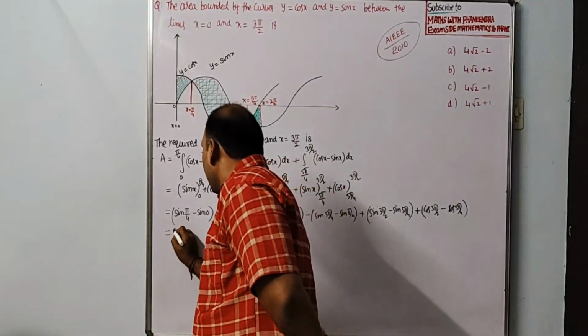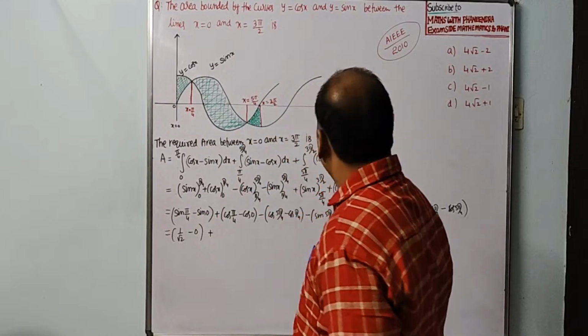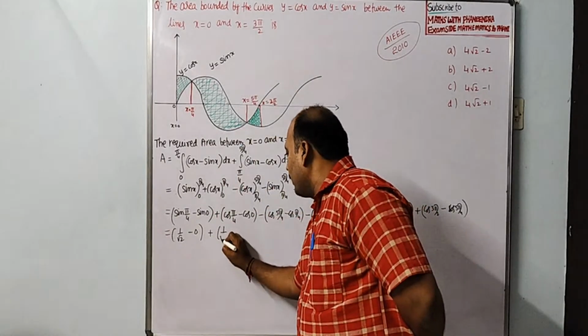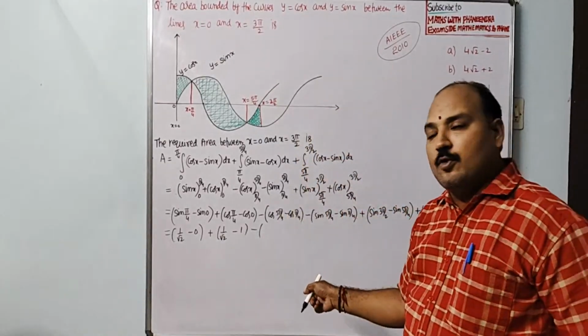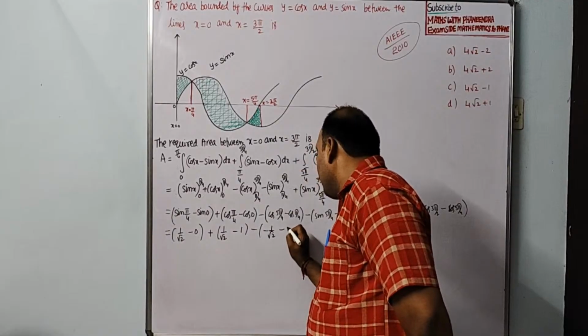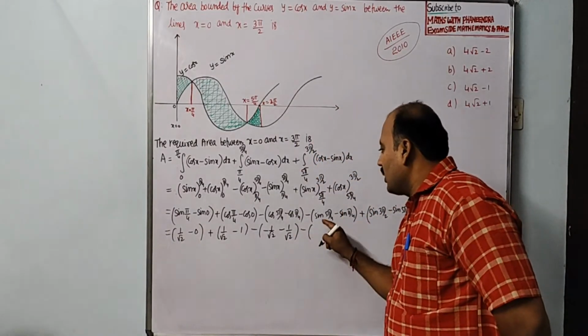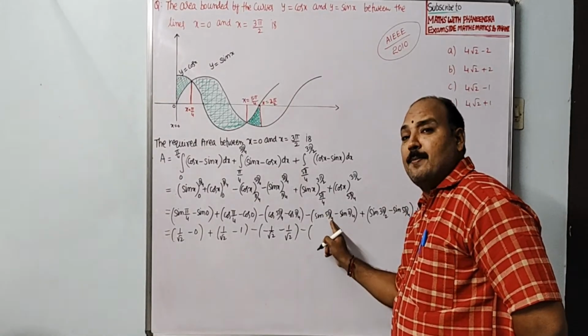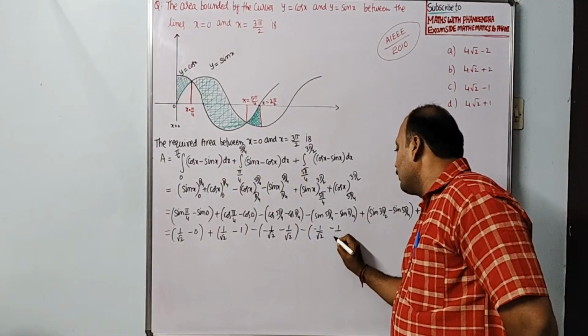Sin pi by 4 is 1 by root 2, minus sin 0 is 0. Next, cos pi by 4 is 1 by root 2, minus cos 0 is 1, minus cos 5 pi by 4 minus cos pi by 4, that is minus 1 by root 2, minus cos pi by 4 minus 1 by root 2, minus sin of pi plus pi by 4. Sin of pi plus theta is minus sin theta, so minus sin pi by 4 is minus 1 by root 2.